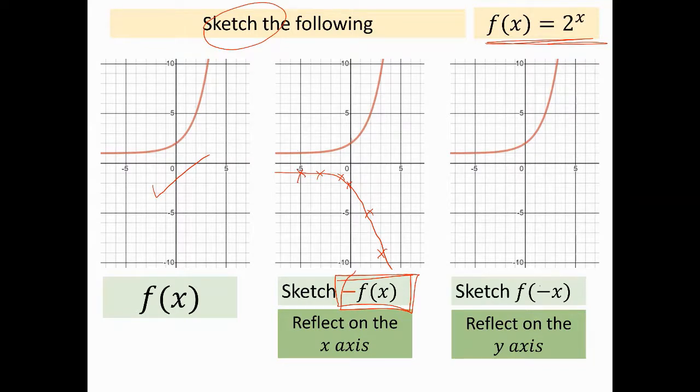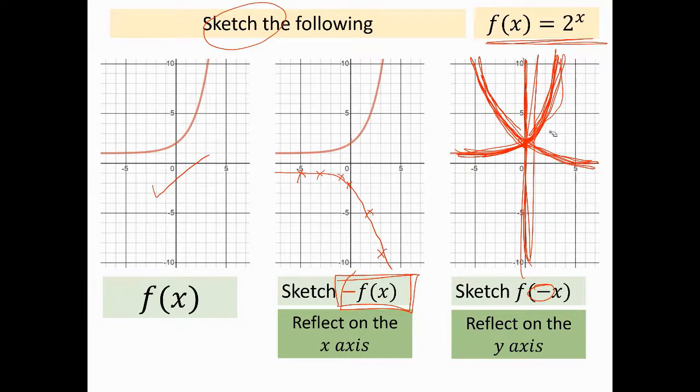If you're asked to sketch f of negative x, well then our y-axis is the mirror line, so there's actually going to be 2 things happening. Just for the sake of the example, I'm going to draw this line here. You don't actually need to draw that line. Everything on the right hand side, which is this bit here, is reflected onto that side, and everything on the left hand side, which is that bit there, is reflected onto that side.